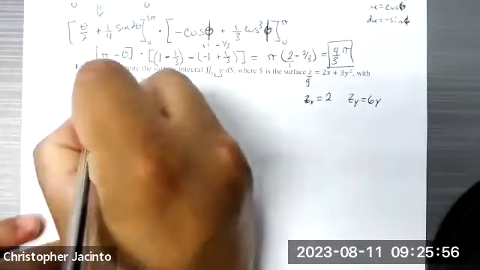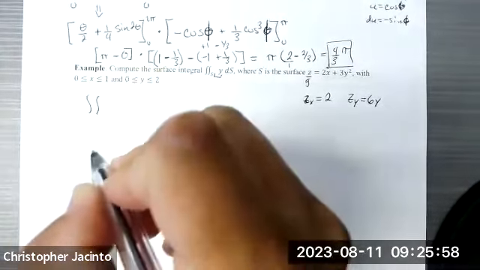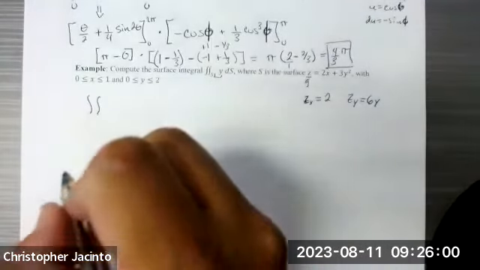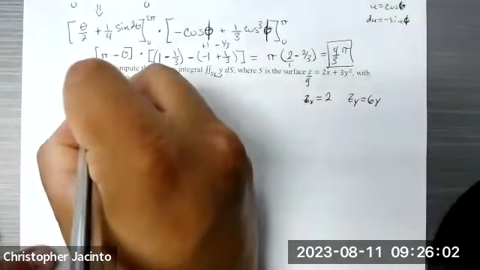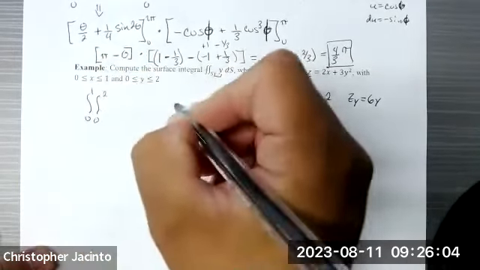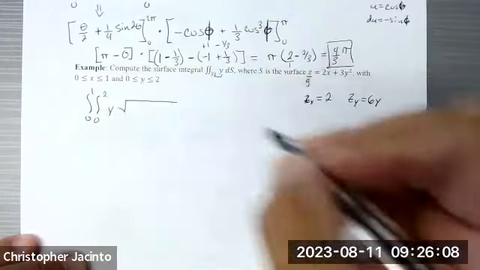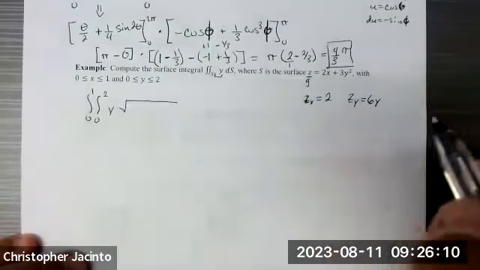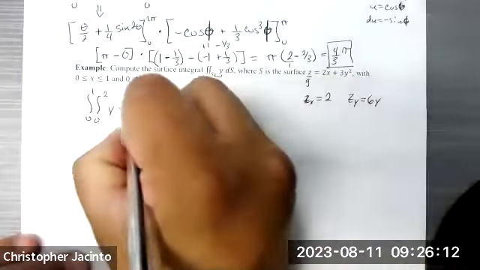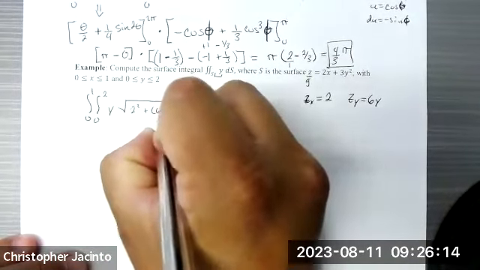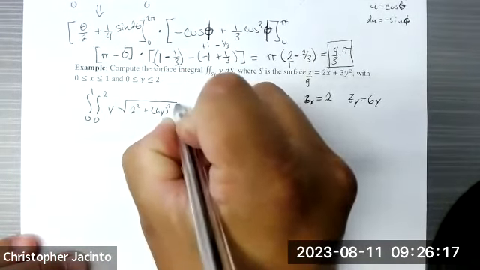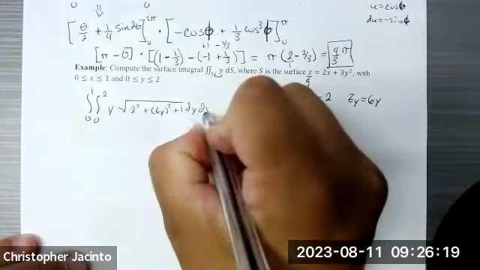So this is going to be the double integral, and I'll do y first. So it'll be from 0 to 1, 0 to 2 of y times the square root of 2 squared plus 6y squared plus 1, dy dx.